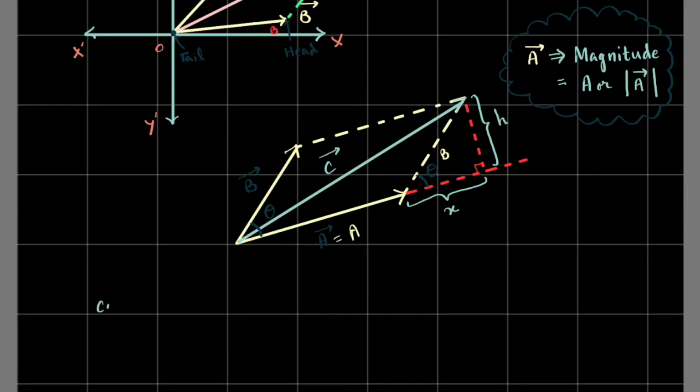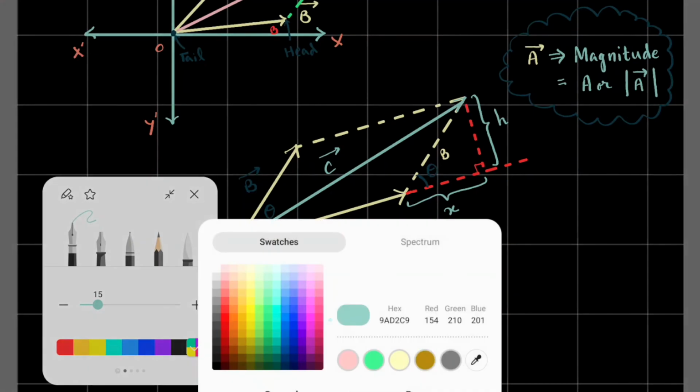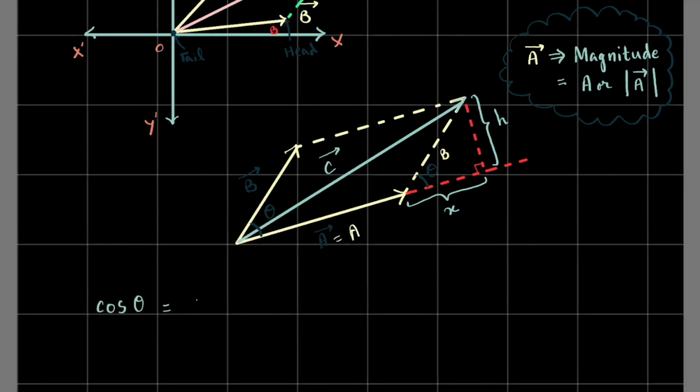What do you think the cosine of theta will be? Cosine is the base by hypotenuse, right? And in this case, the base is x and the hypotenuse is b. It's pretty well visible, right?